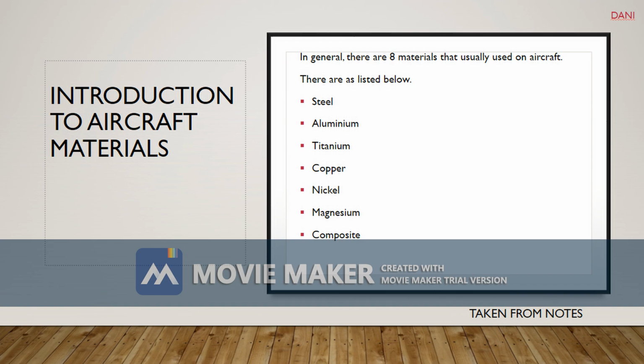Copper is usually used in electrical systems and wiring due to the conductivity. Nickel, like titanium, is also used in high temperature components like the engine because of its ability to withstand extreme heat. Magnesium is a lightweight metal used in some aircraft parts, but the application is limited because of its risk of catching fire.